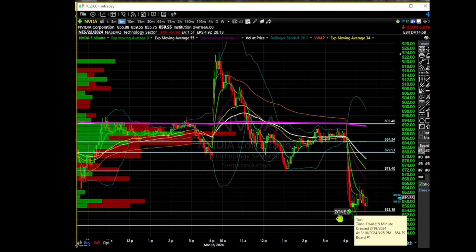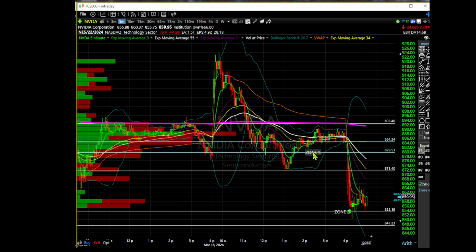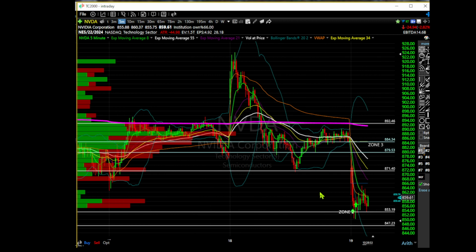My goal isn't to take $5 out of this. My ultimate goal is to take it all the way back up here, which is now zone 3. This is where I want to take it. I want to take this thing from 850 back to 880. I want to take $30 out of this. I don't want to take 5. Why am I going to do that?